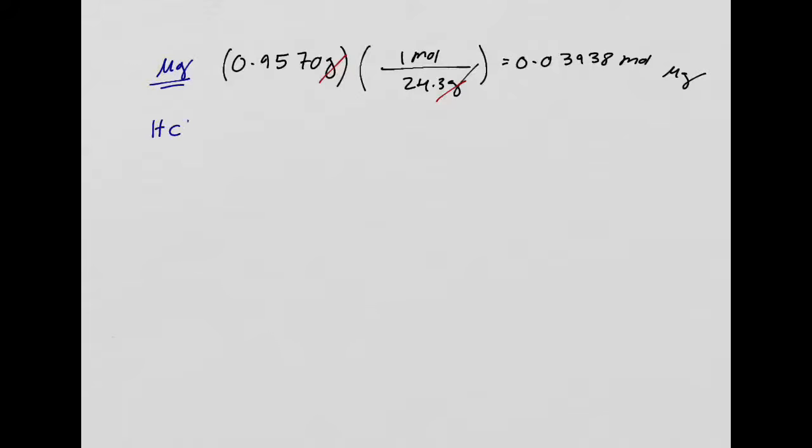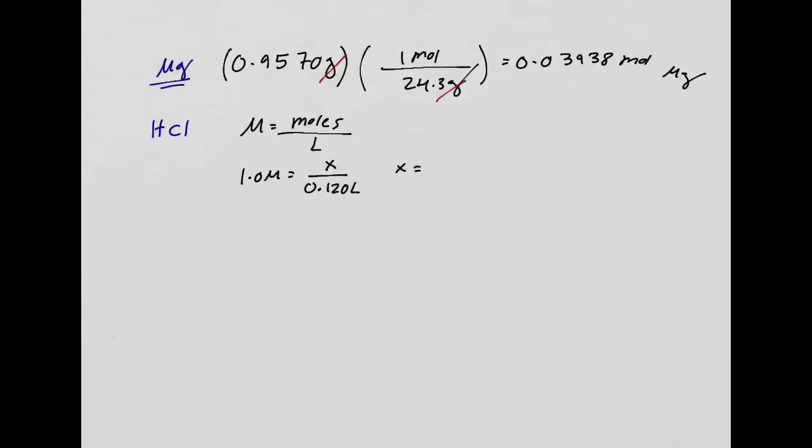Now the other thing I have is HCl, right? I have a 1 molar HCl. You know what molarity is? Molarity is moles per liter. I'm using a 1.0 molar HCl and I have 120 mL, which is 0.120 liter.